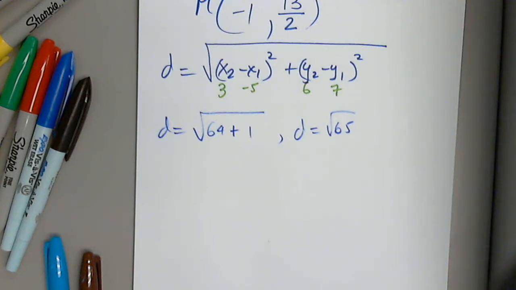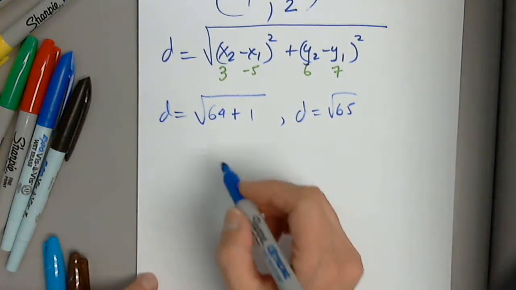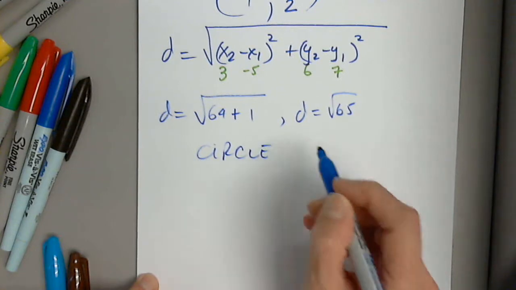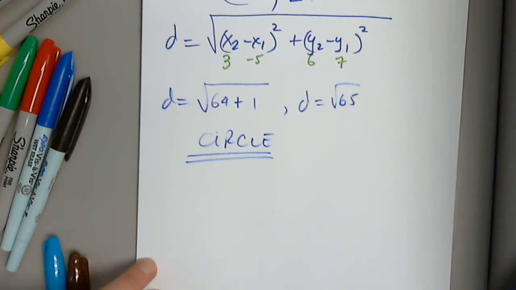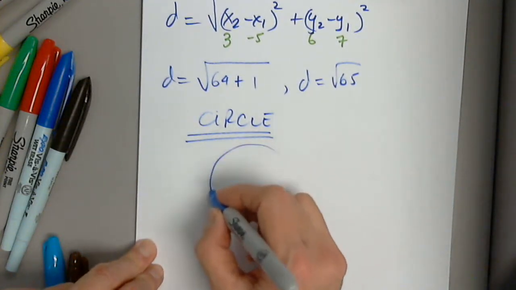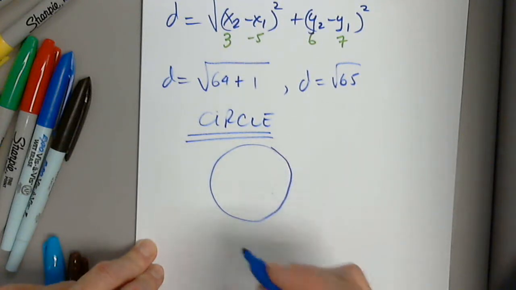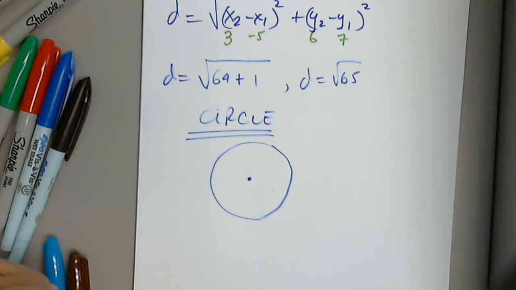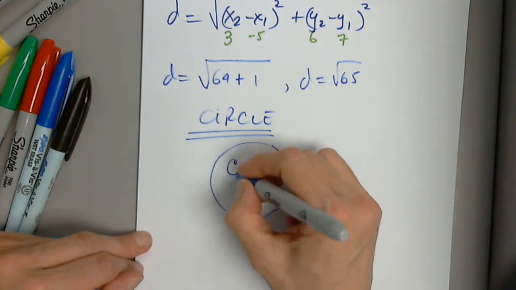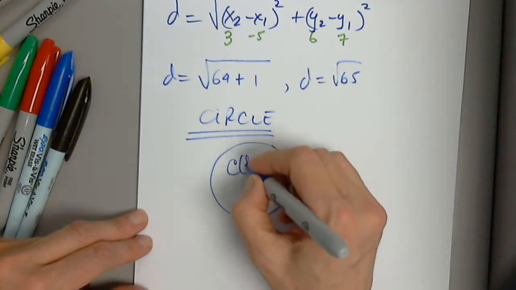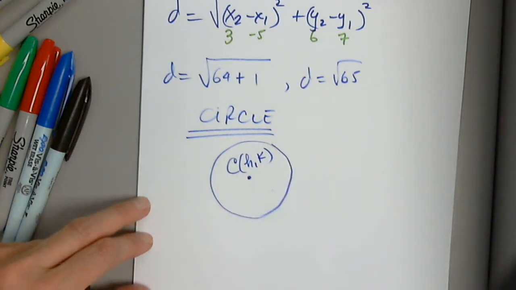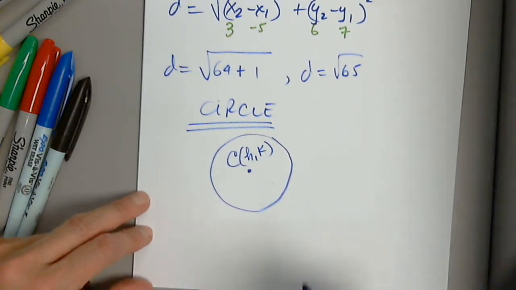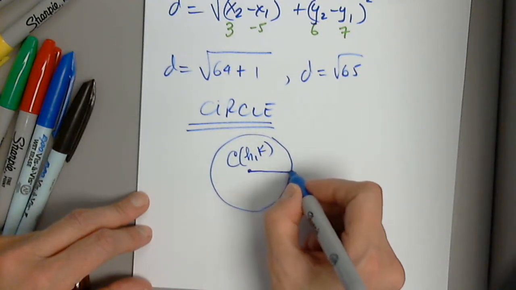Last topic of chapter 2 is the circle. So I'm going to attempt to graph a circle. I know it's a lousy attempt, but that's all I can do. The center of the circle will be denoted by h comma k by convention. And what is this?